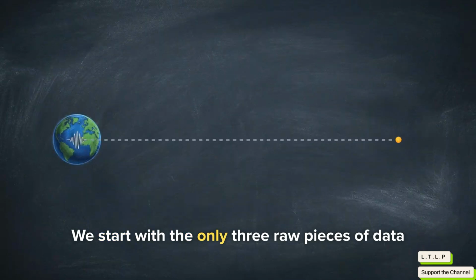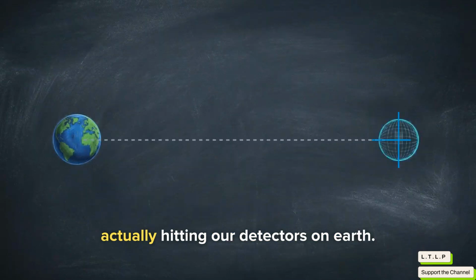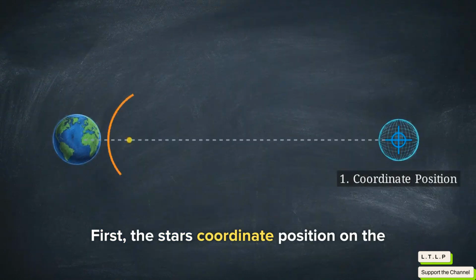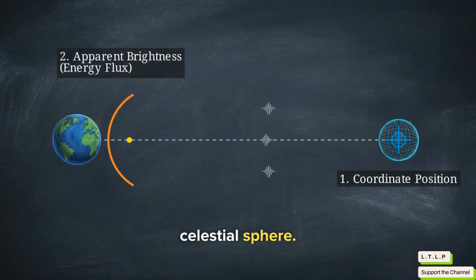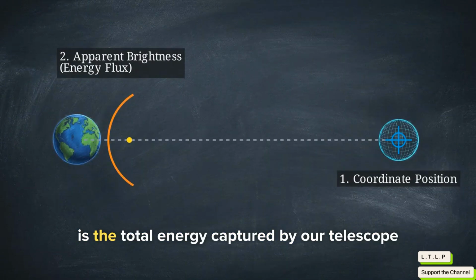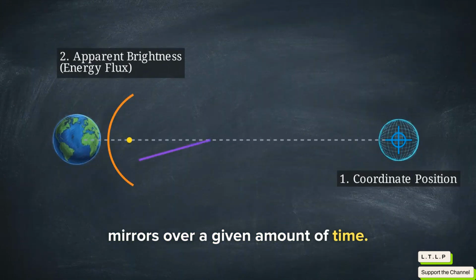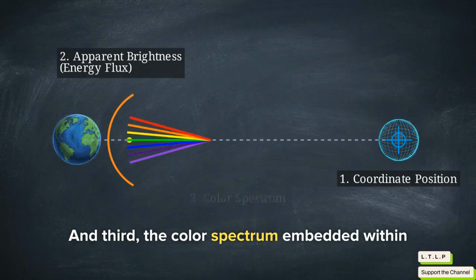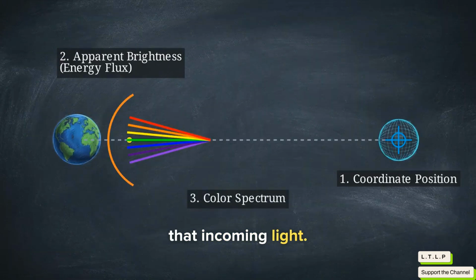We start with the only 3 raw pieces of data actually hitting our detectors on Earth. First, the star's coordinate position on the celestial sphere. Second, its apparent brightness, or flux, which is the total energy captured by our telescope mirrors over a given amount of time. And third, the color spectrum embedded within that incoming light.